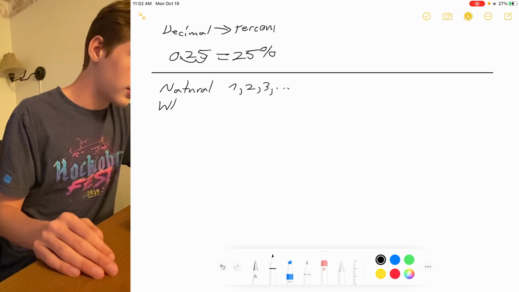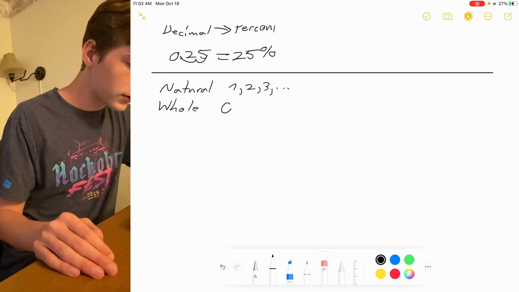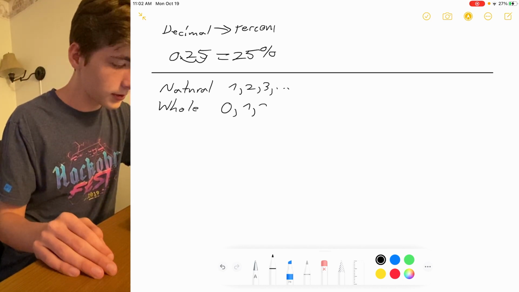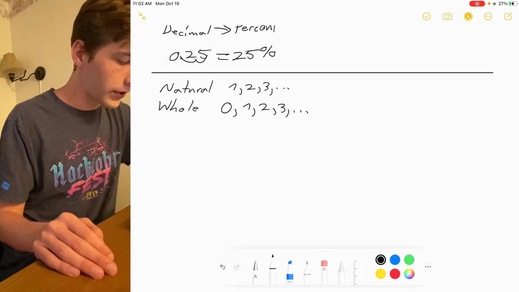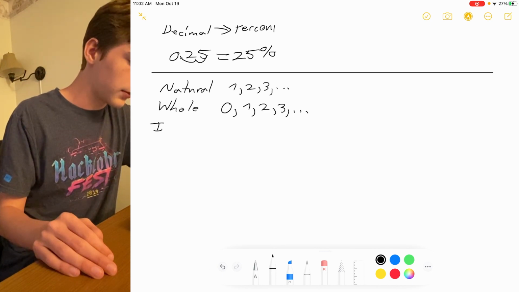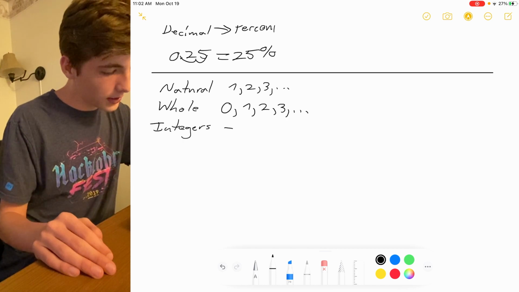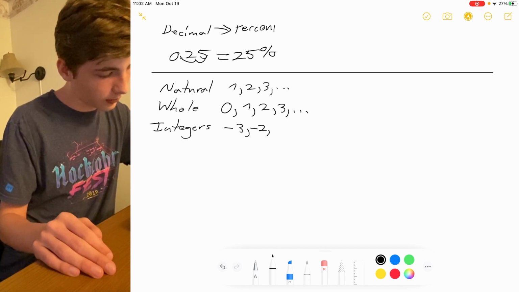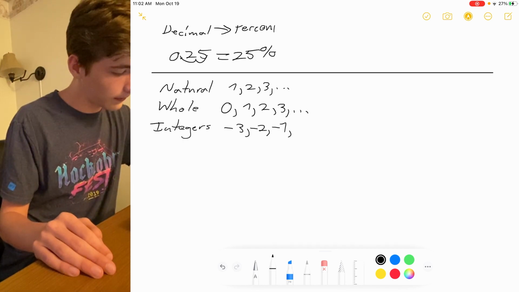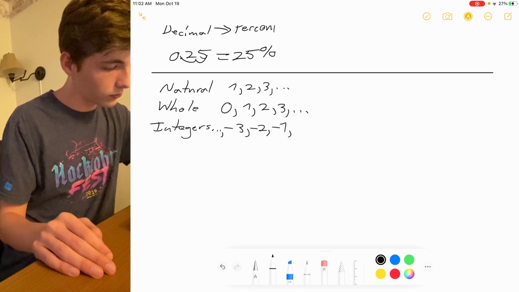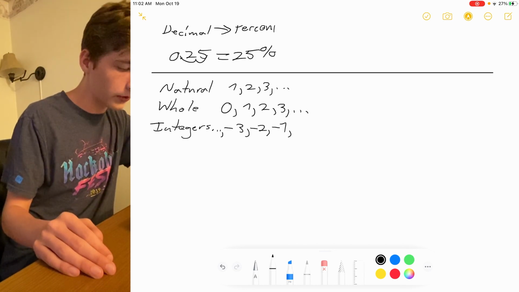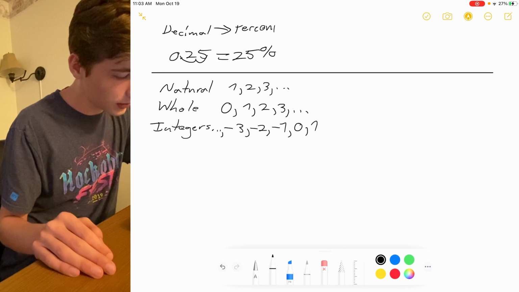And we then talked about having the whole numbers, which started with 0 and otherwise was the same. Then we added the integers, because we had the negative numbers. So what happens when we have numbers in between 1, 2, and 3? What happens when you have that?